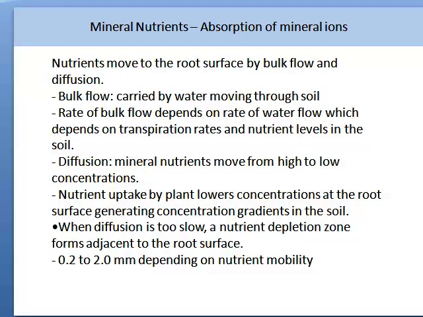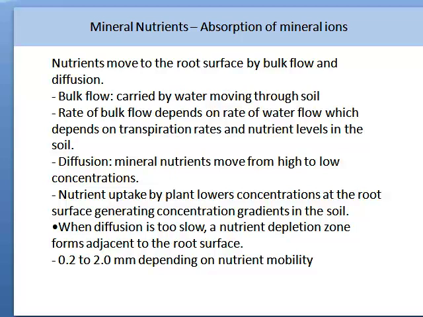Nutrients move to the root surface by bulk flow and diffusion. Bulk flow is carried by water moving through the soil. The rate of bulk flow depends on the rate of water flow, which depends on transpirational rates and nutrient levels in the soil. Mineral nutrients move from high to low concentrations, and this is described as diffusion.